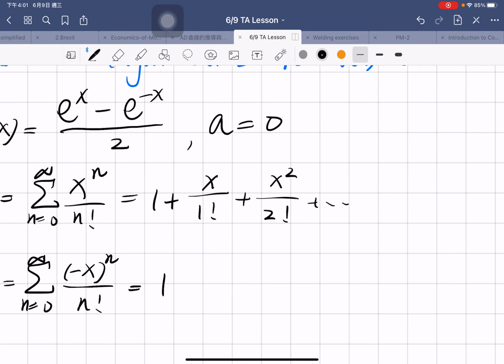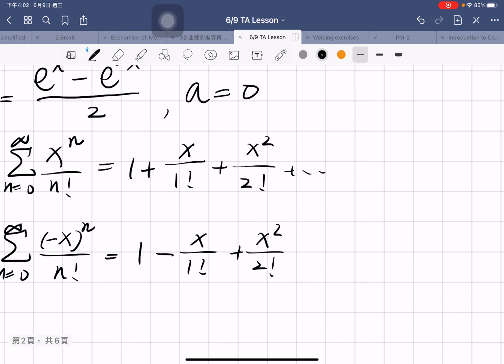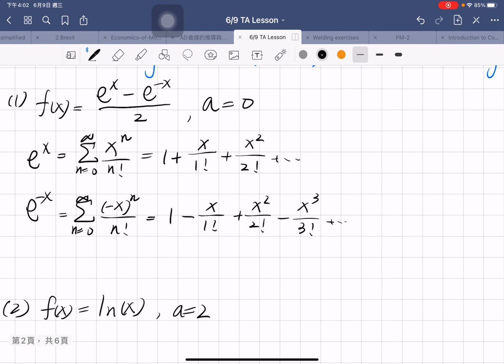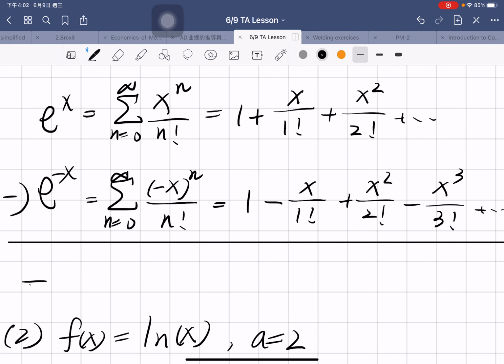And this will be 1 minus x over 1 factorial plus x squared over 2 factorial, minus x cubed over 3 factorial. Because now we want to subtract, we subtract this 2.